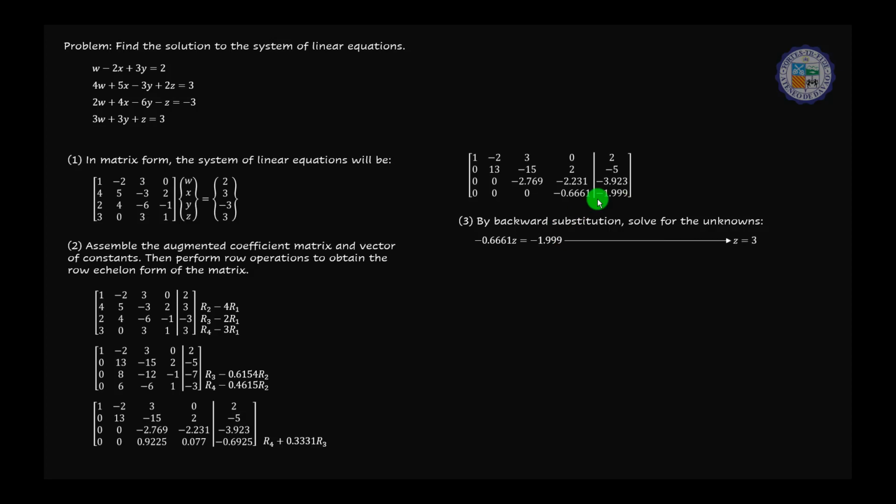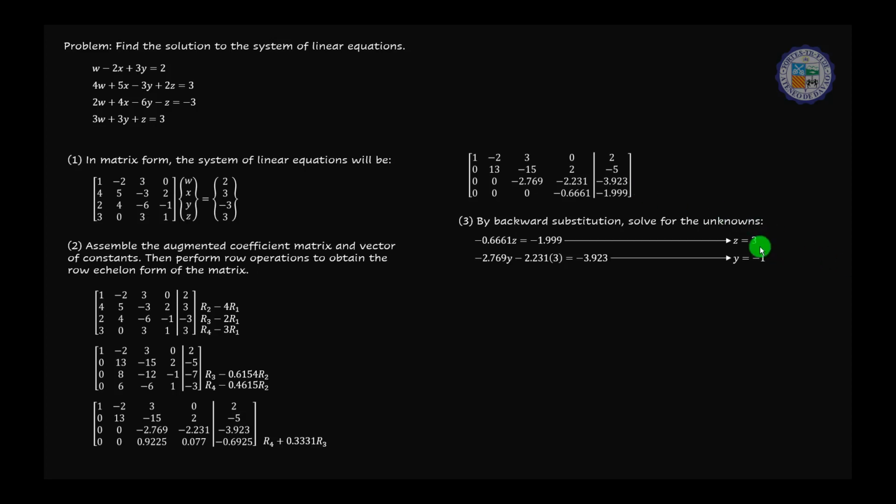Using z equal to 3, we now solve for the next unknown variable, which is y, using the third row. The third row implies the equation negative 2.769 of y minus 2.231 times z, where z is equal to 3, and that's equal to negative 3.923. Solving for y, we have y equal to negative 1.